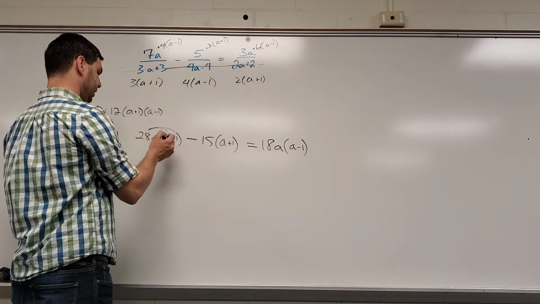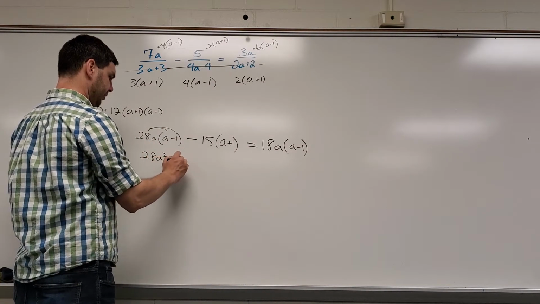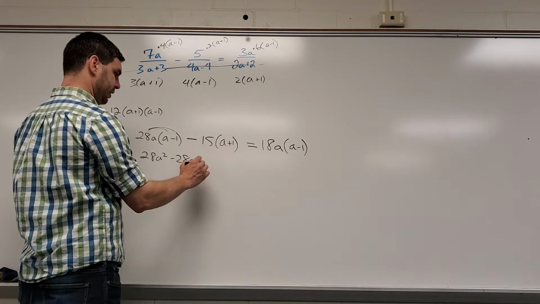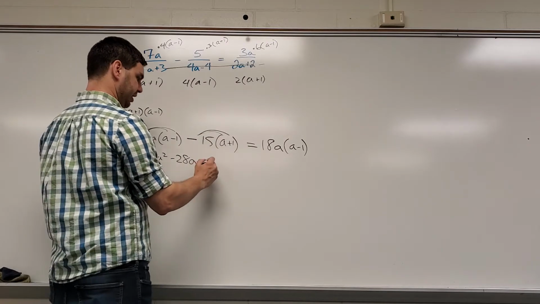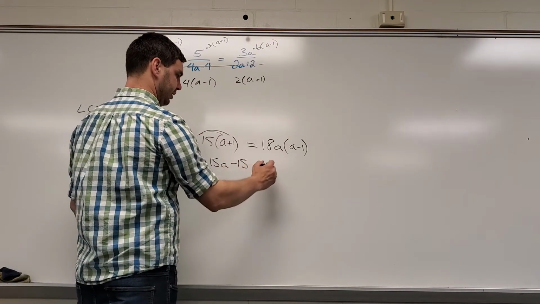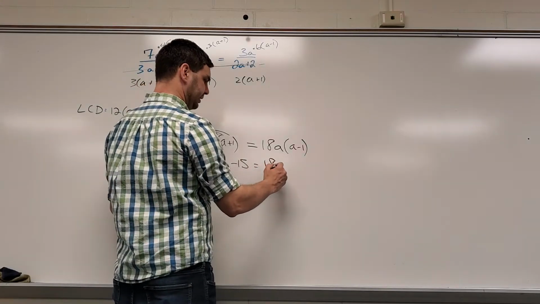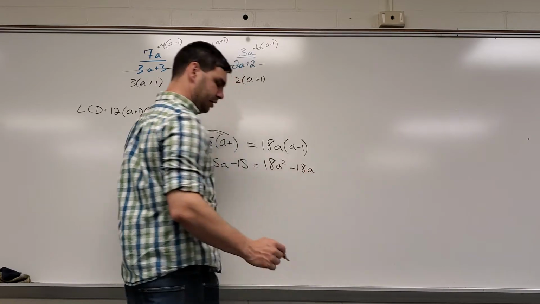So if we do it here, it's going to give us 28a squared minus 28a. On this one, I have to distribute the negative 15 to both. So negative 15a minus 15. On this one equals 18a squared minus 18a.